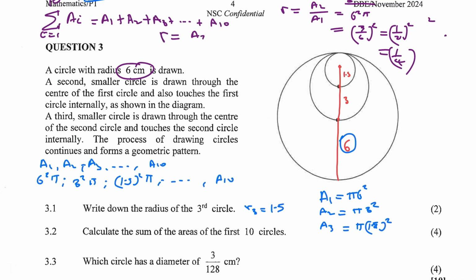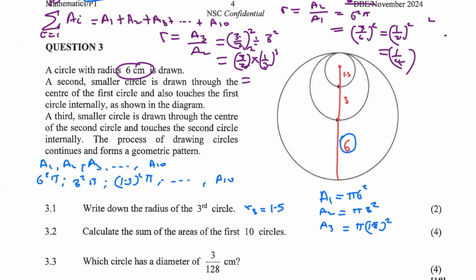r is equal to a3 over a2. Let's do that as well. What do you have? You have 1.5 squared divided by a2, which is 3 squared. So this could be written as 3 over 2 times 1 over 3, squared.